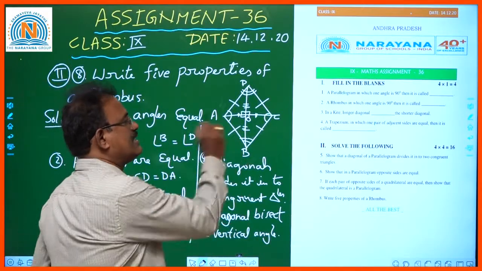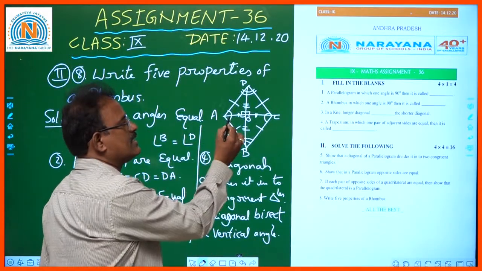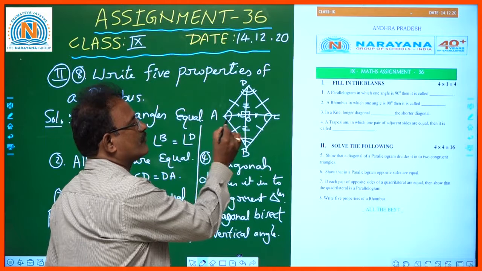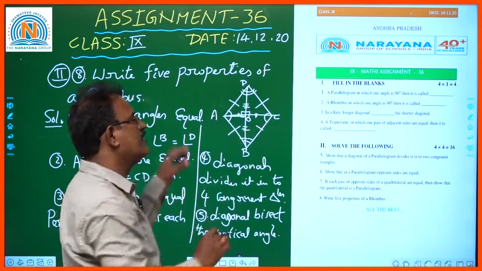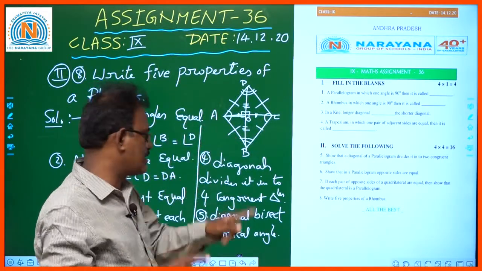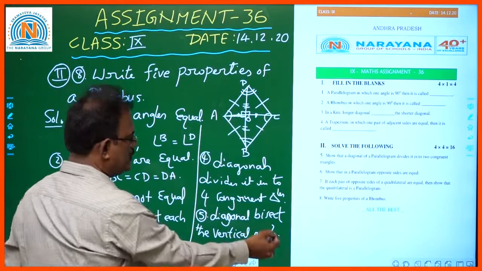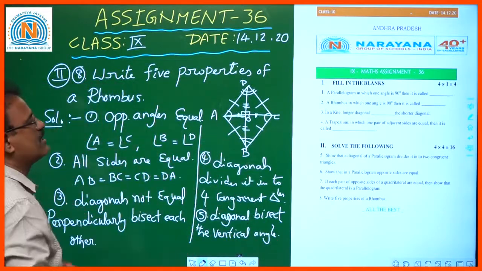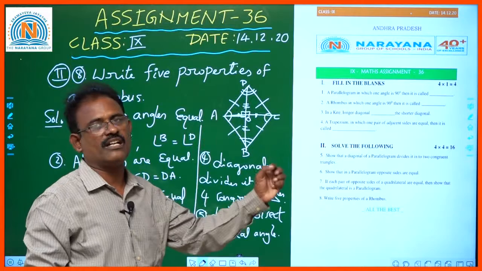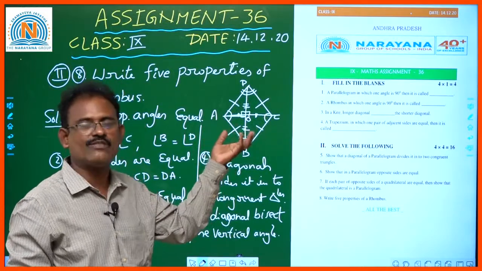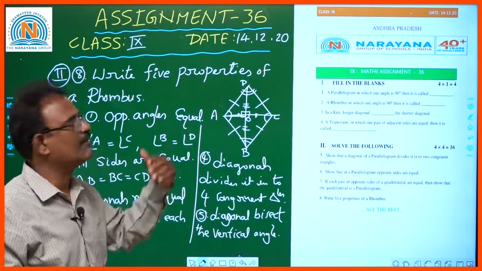That means as it is obtuse, if it is 100 degrees, then this is 50-50. This AC divides the vertical angle into 2 equal parts, which is nothing but bisecting. Okay. These are 5 properties. Still, all the properties of a parallelogram we can also apply, as a rhombus is one type of parallelogram. We can apply them for the rhombus also, children.